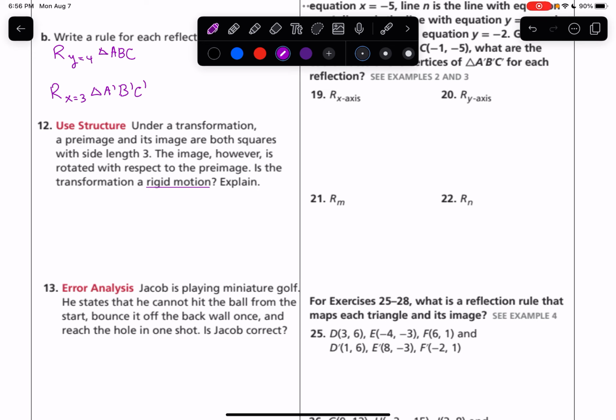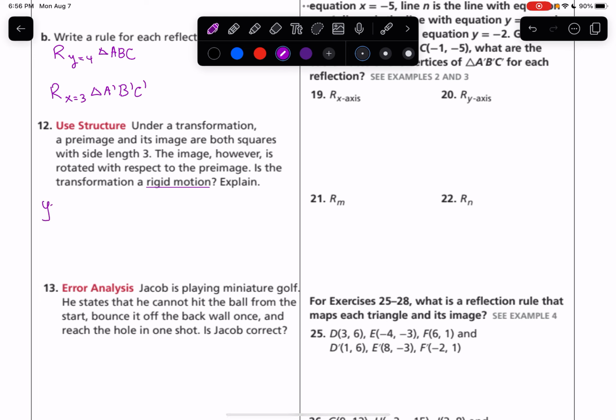Well, the image and its pre-image are both squares with side length 3. So they're both having the same side lengths, and they're both the same shape, right? The same angles. So that means that it is a rigid motion.